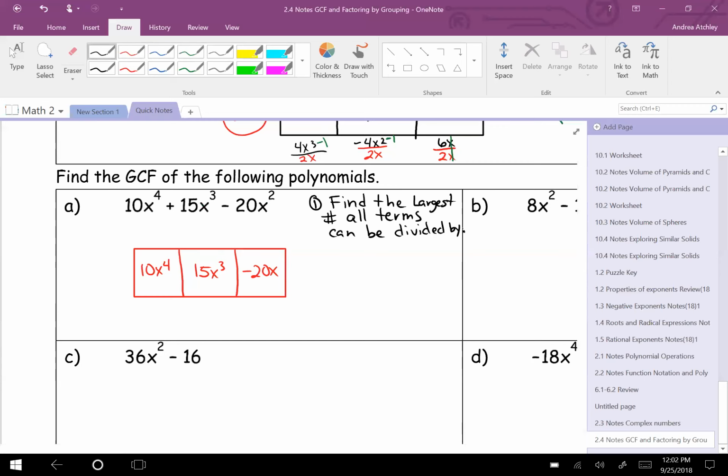In class, what can 10, 15, and negative 20 all be divided by? 5. Okay. The next thing we're going to do is find the smallest exponent of the variable.